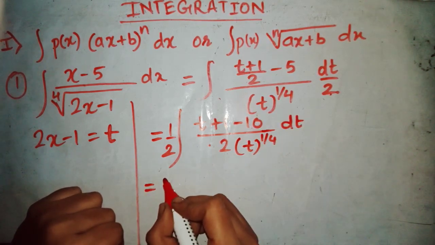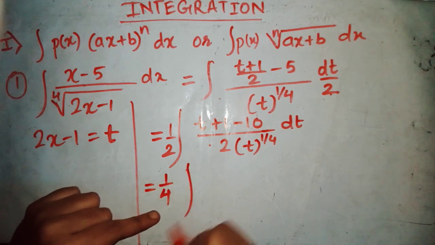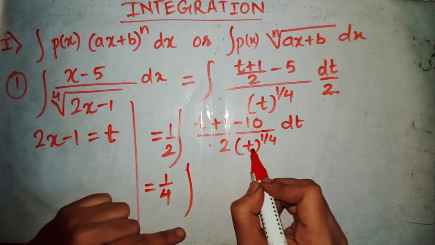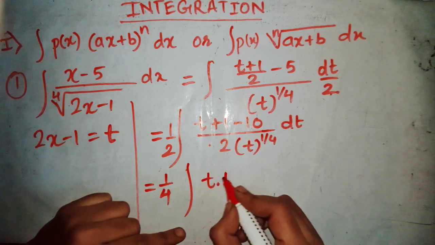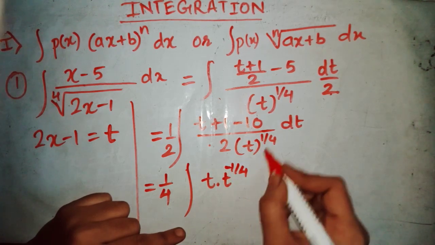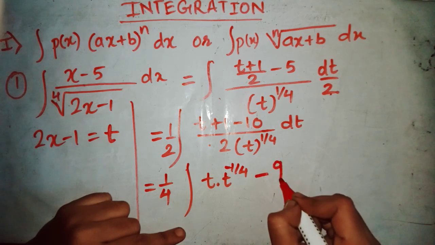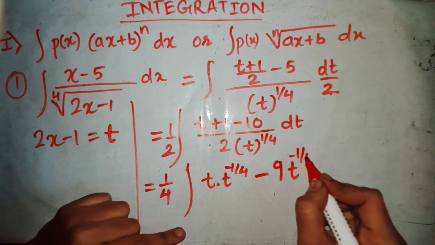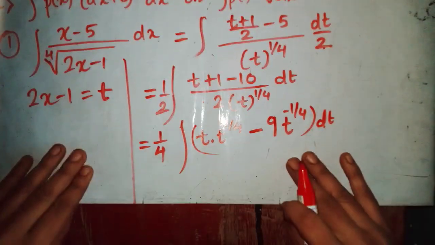Again you can take out the 2, so this will be 1 by 4 times the integral of (t minus 9) into t raised to minus 1 by 4, because we are taking it in the numerator. Now it's easy.